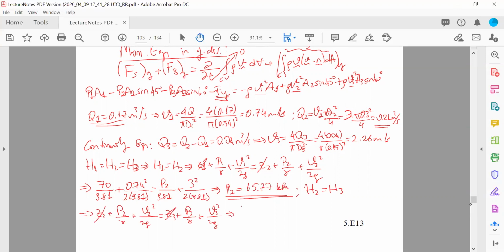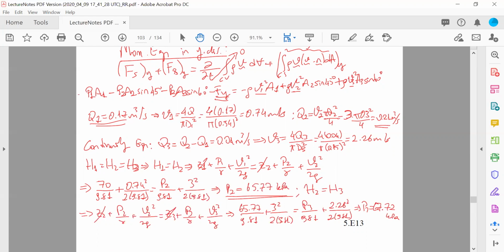And from here, P2 divided by 9.81 plus V2 is 3 equals P3 unknown plus V3 is here. From here, unknown P3 is obtained as 67.72 kilopascal.